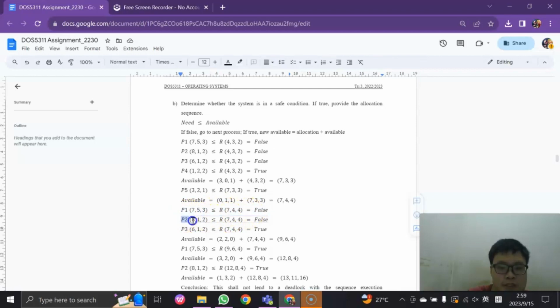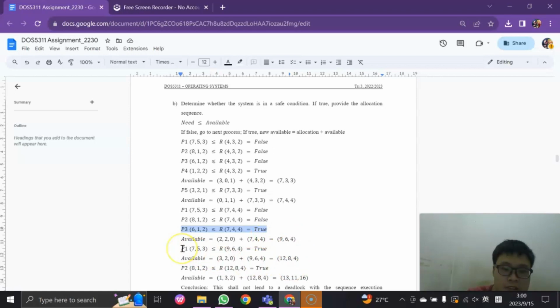Then go to the next process, P2. 8 1 2 is also not less than or equal to 7 4 4. So go to the next process, P3. 6 1 2 is less than or equal to 7 4 4. Now calculate available. The allocation of P3, 2 2 0, plus 7 4 4 equal to 9 6 4.